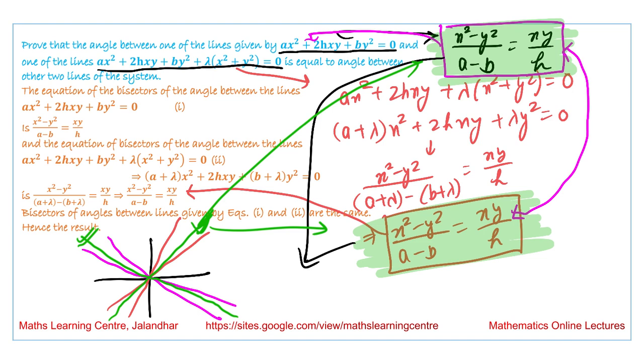So what we obtain is the angle bisectors are same. It means that this one line, given by one pair of equations, makes an equal angle with the line from the second pair, and this is what we have to prove. So as we have proved that both the angle bisectors are same, this completes the proof of this question.